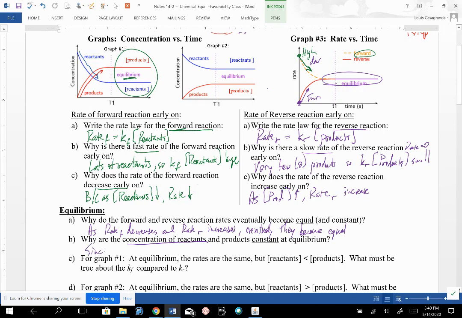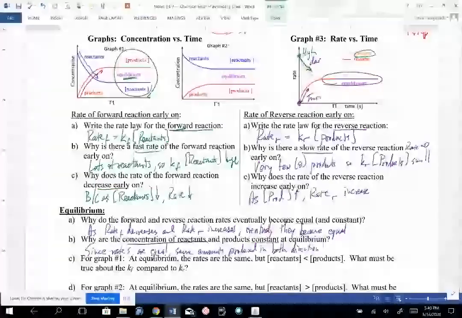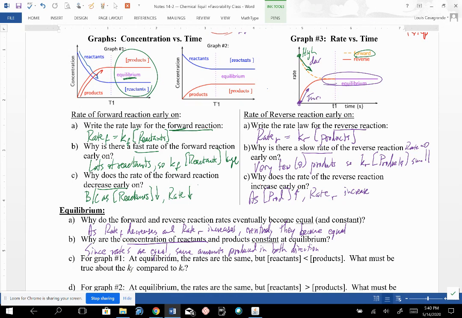Since the rates are equal, and this is just like, think about the straw lab, the same amounts are produced in both directions. And so every time we make a reactant from a product, we make a product from a reactant, and the concentrations don't change.